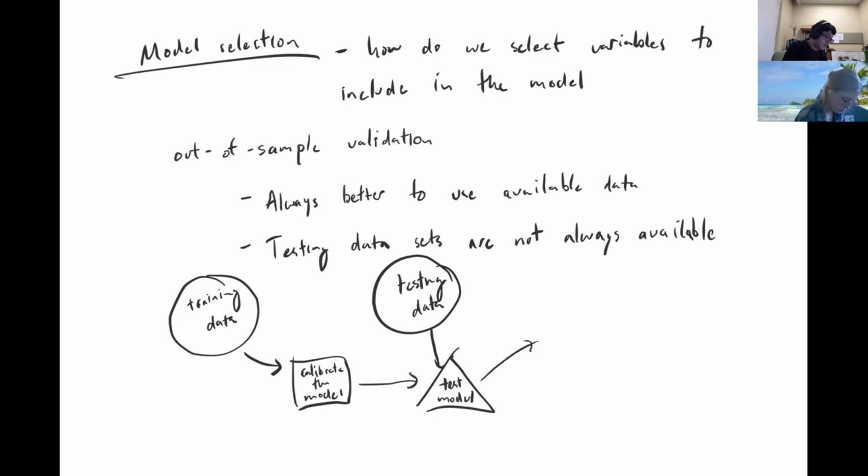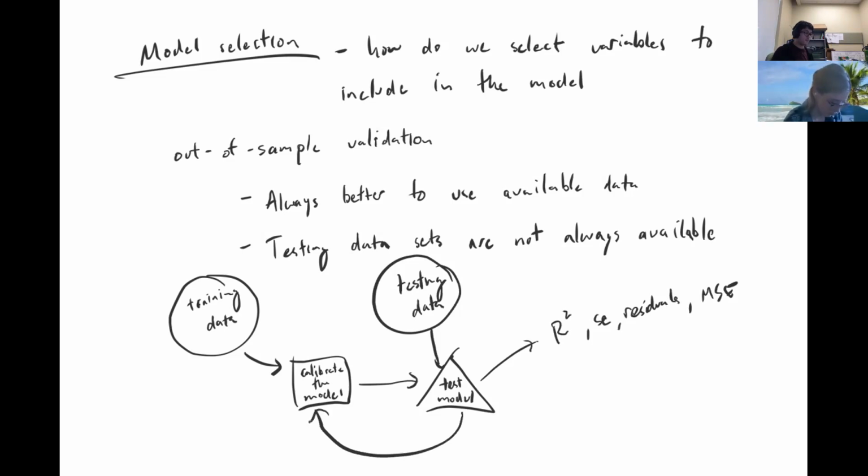You could look at R-squared, standard errors, residuals, mean squared error. What you're really measuring in this case is how well the model is performing, and then you can maybe recalibrate it. That is the principle of out of sample validation.